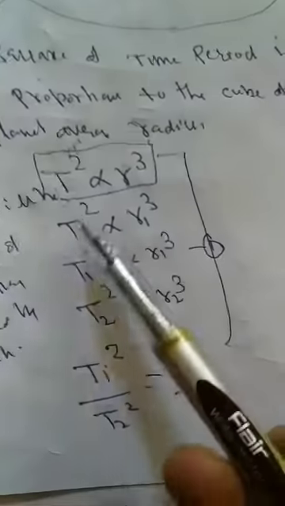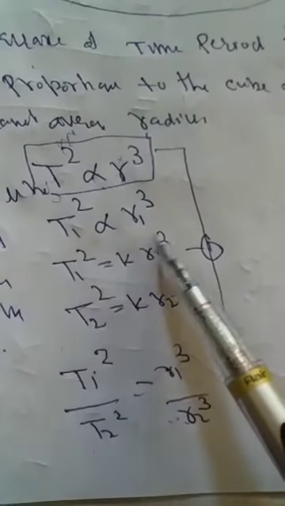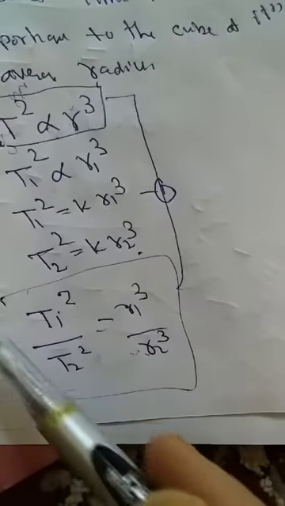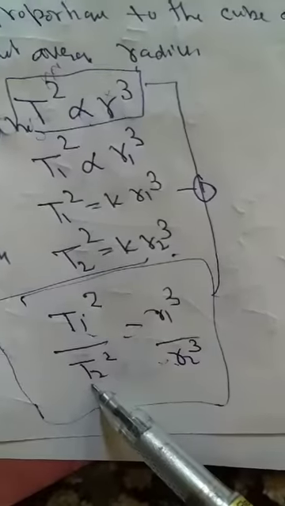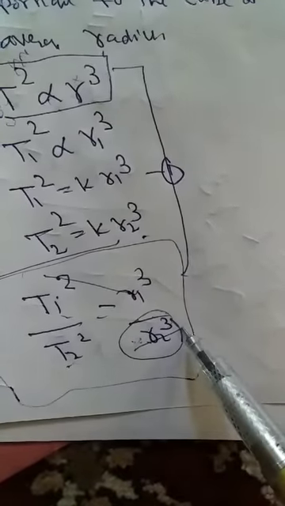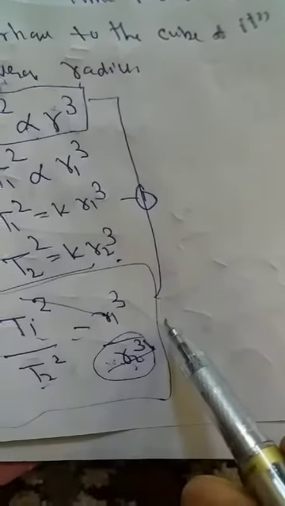For one planet it is T1 square divided by r1 cube, and for the second planet it is T2 square divided by r2 cube. This is an important relation. With the help of this relation, if we know the time period of one planet, the time period of another planet, and the radius of one planet, we can find the average radius of another planet, that means the average distance of the sun from the other planet.